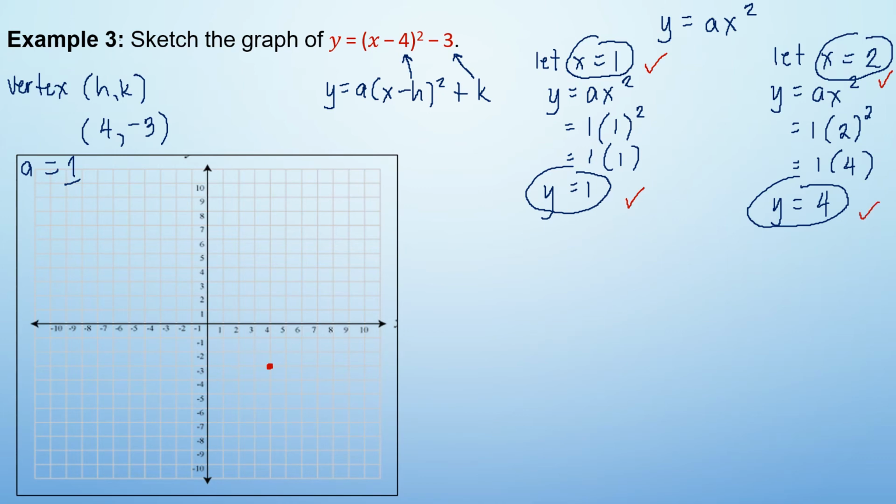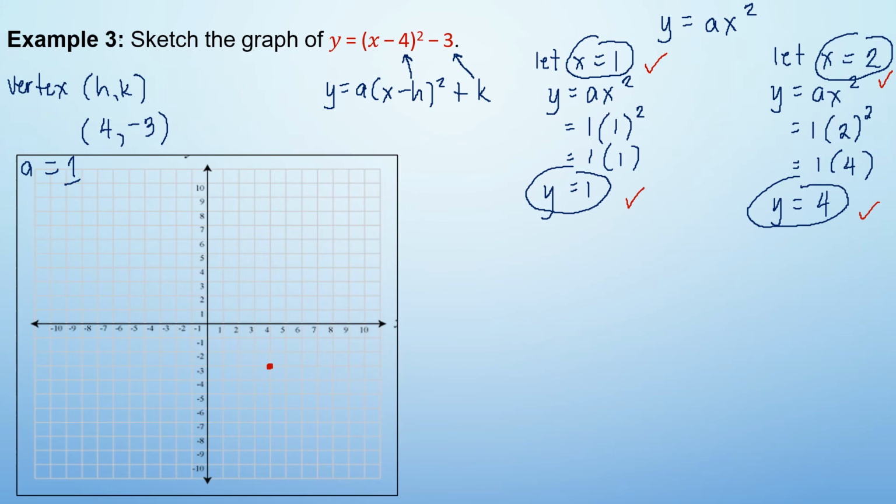What do we mean by these values? The value of x tells us the number of units we need to move to the left and right of the vertex. And the value of y tells us the number of units we need to move upward or downward from the vertex.